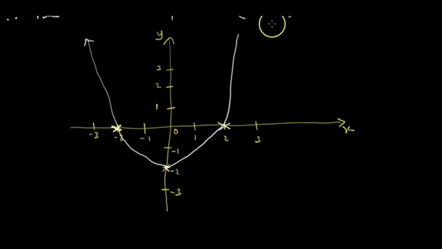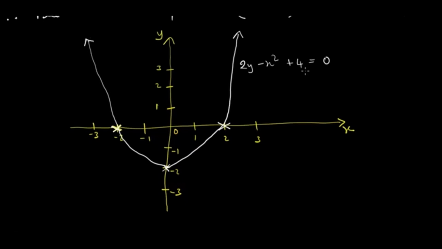Then we put arrows here like this. Then we write the name of the curve, which is 2y minus x squared plus 4 is equal to 0. After doing this, we have fulfilled the obligations set to us by the question.